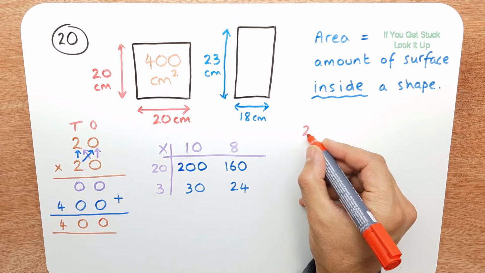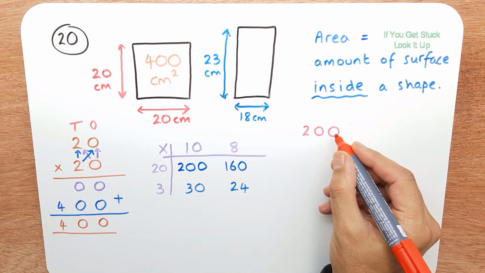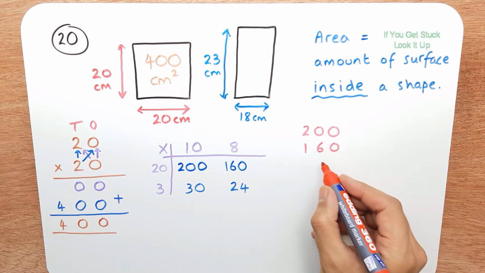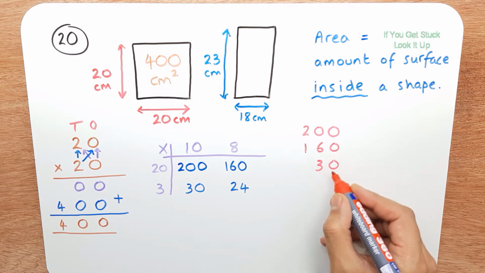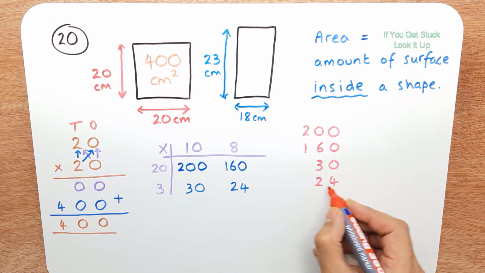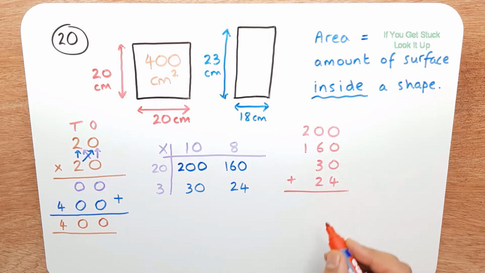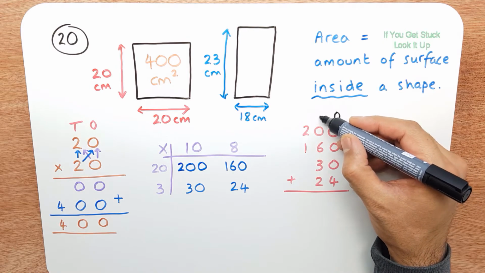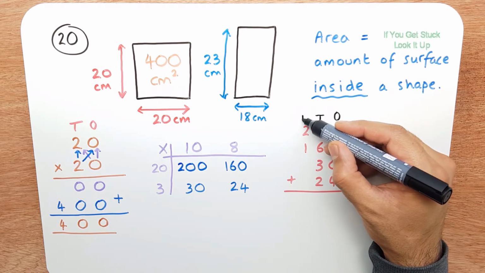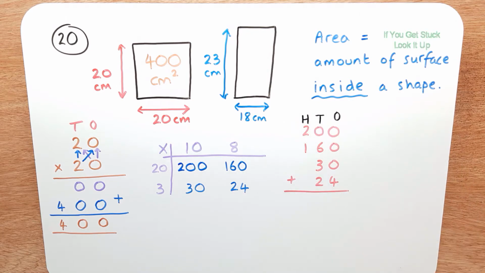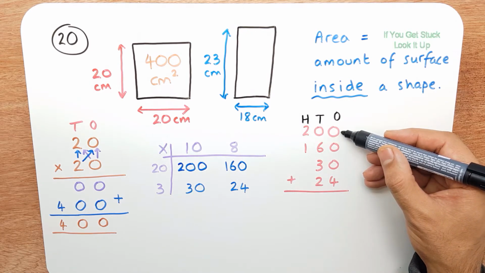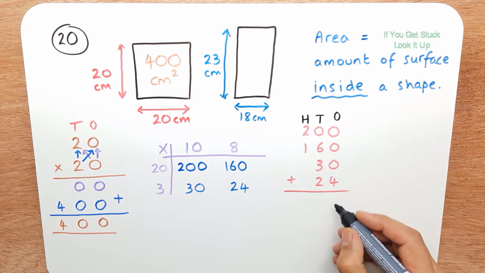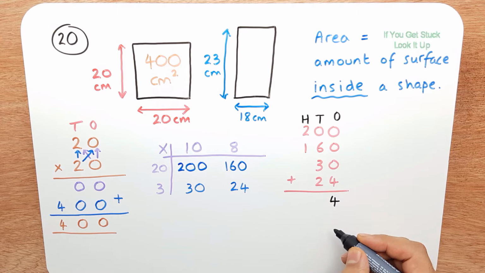Now my next step is to add all these. So let me start at 200, 160, 30, and 24. And I'm simply going to add these using column addition. Now this is my ones column, this is my tens column, and this here is my hundreds column. So 0, add 0, add 0 is 0. Add 4 is 4.